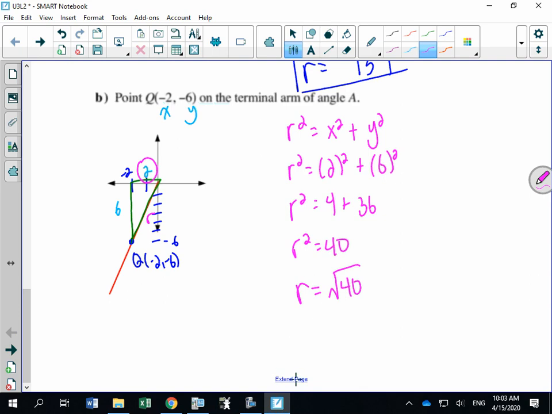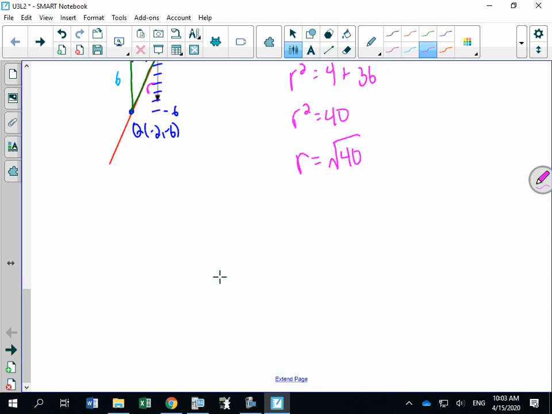Then we have to reduce this, so we have to think back to our radicals unit. 40 divided by 2 is 20, 20 divided by 2 is 10, 10 divided by 2 is 5. So the square root of 40 reduces to 2 root 10.